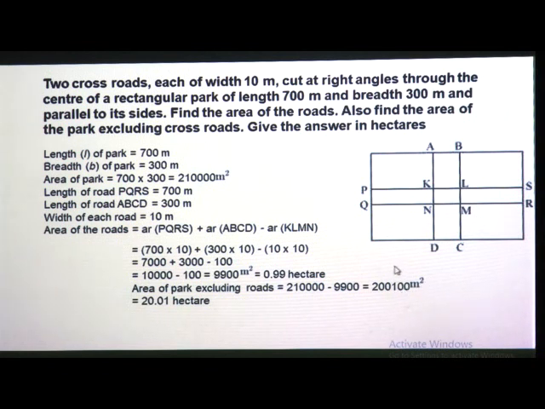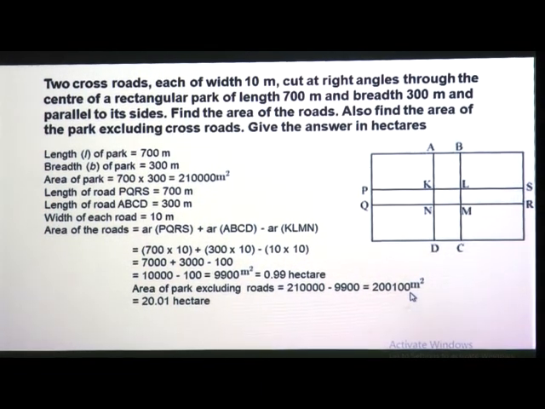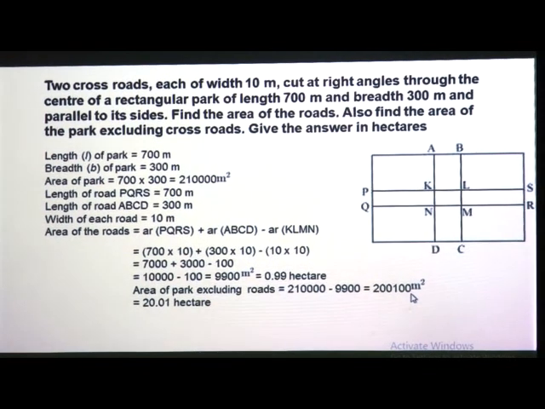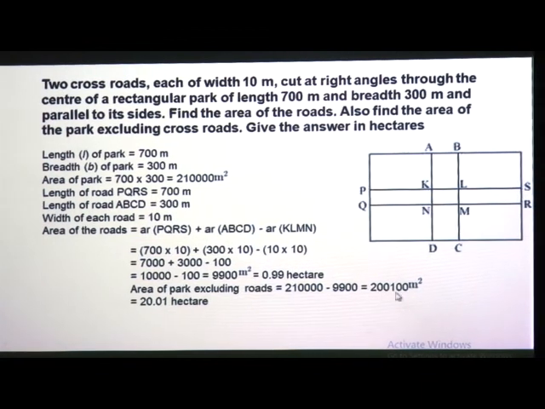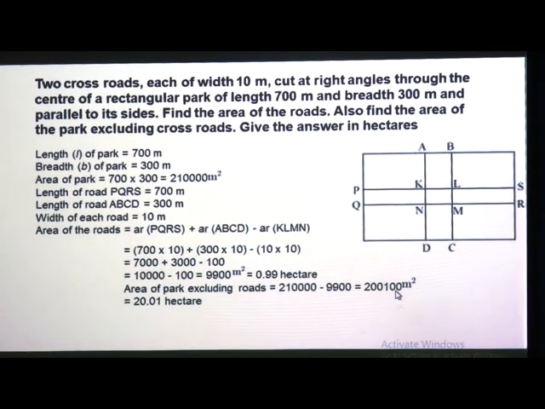Now, this area of the park we have to write in hectares. You know how to write in hectares. 1 hectare is equal to 1 upon 10,000 meter square. So, we will just divide it by 10,000. Now you know where to place the decimal point, so no need to go for long division.